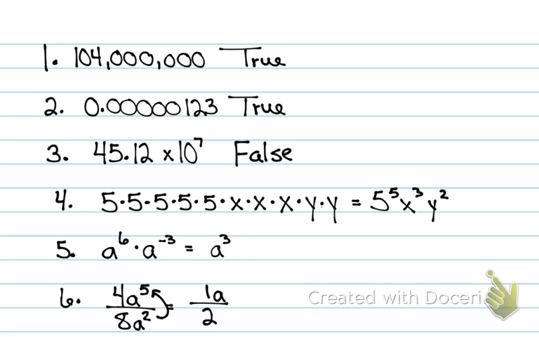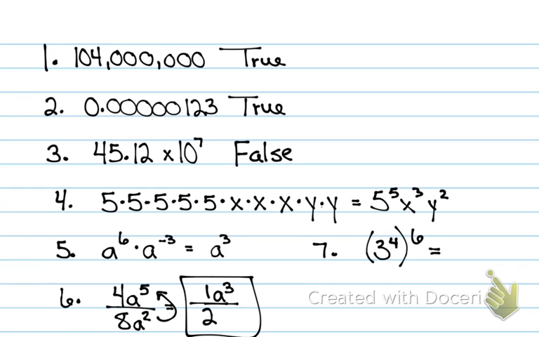And then what you're doing with your a's, and guys, this is something that I think people are getting confused about: when you subtract your exponents, you're bringing it into the numerator. So this is a to the 3rd power over 2. There is no a in the bottom. You're not leaving an a in the bottom. You actually subtracted them, and the leftovers are in the numerator. There's nothing in the denominator. So it's a to the 3rd over 2.